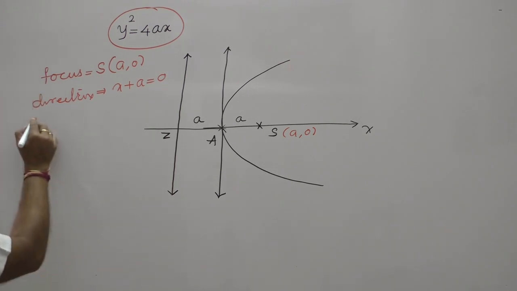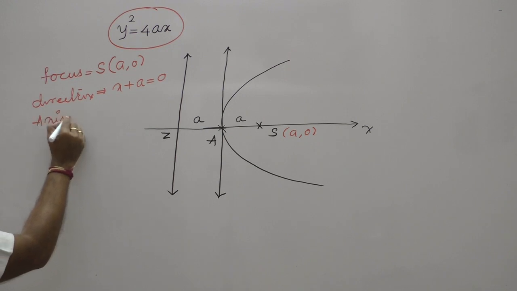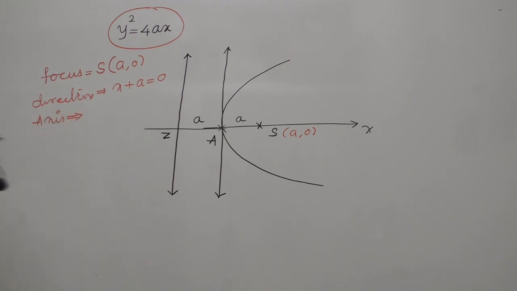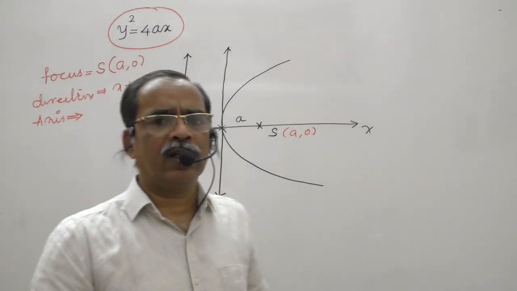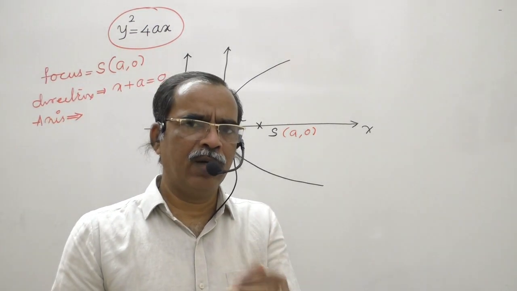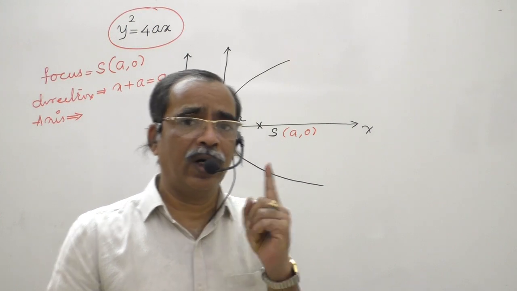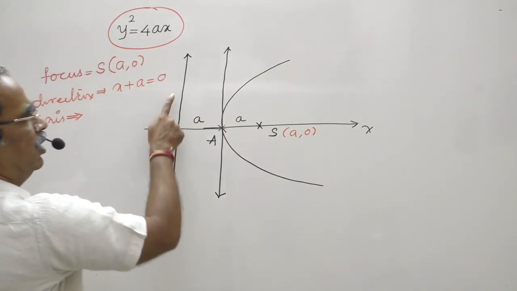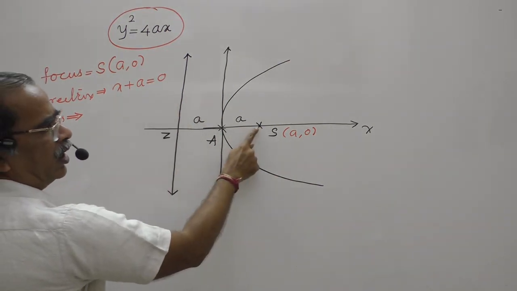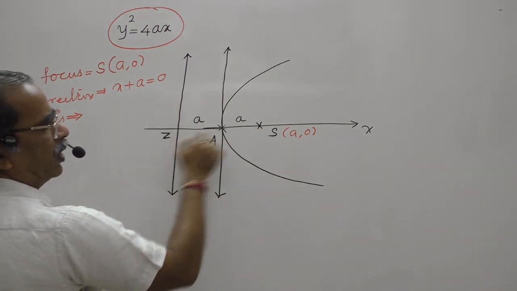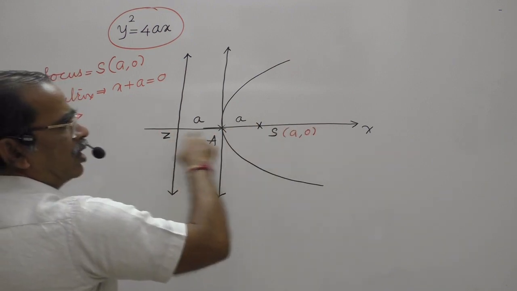Okay. Now we will see the axis. What is the principal axis, or simply the axis? You should know the definition well. What is the axis of a conic? The line passing through the focus perpendicular to the directrix. Here this is the focus, this is the directrix. The line passing through the focus perpendicular to this means this line.